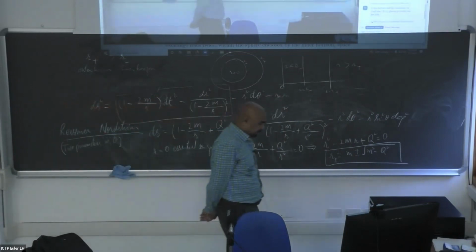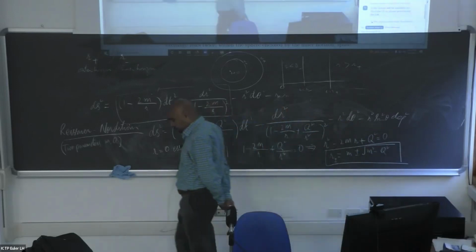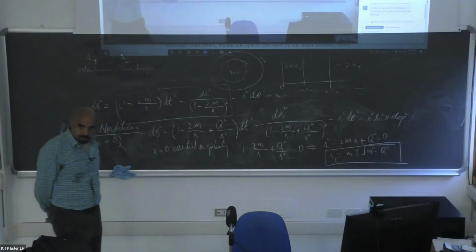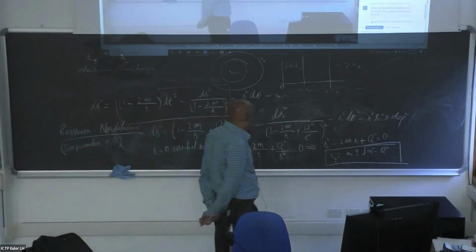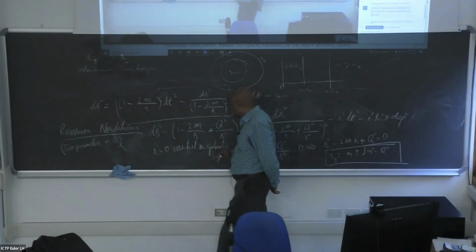So this is an interesting mathematical generalization, although astronomers and physicists are not convinced that there are many objects in this universe that are actually electrically charged. Q is the electric charge.